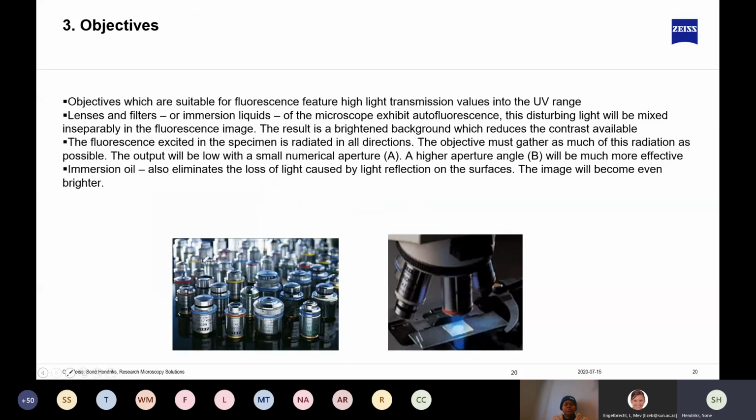I think Anya explained it very well in her presentation on Monday, but I can never stress how important choosing the right objective is when you want to do fluorescence.